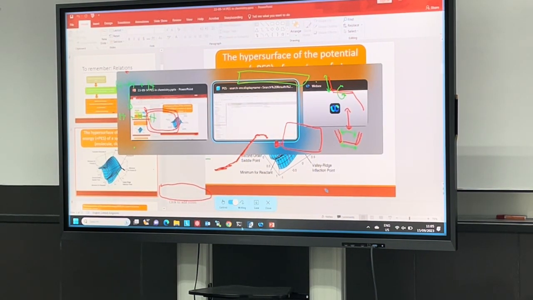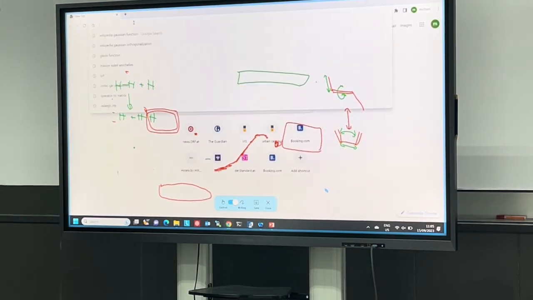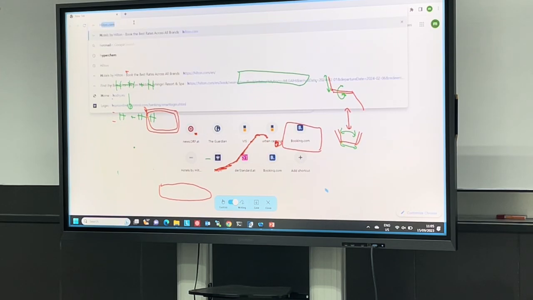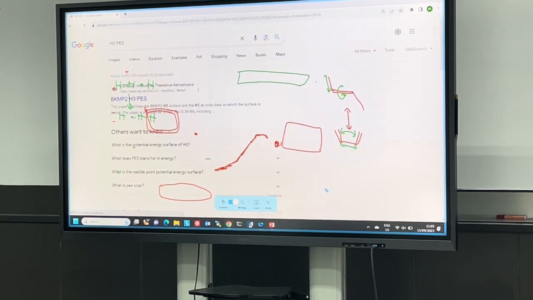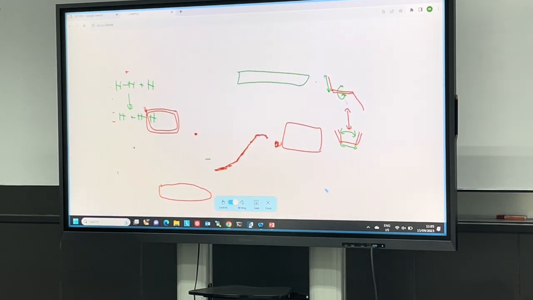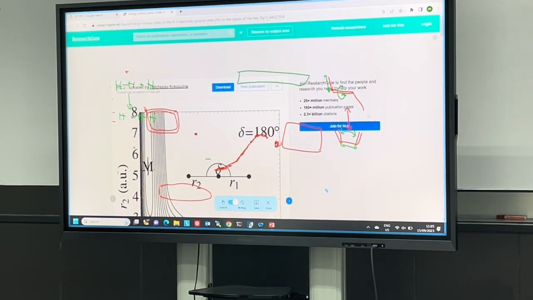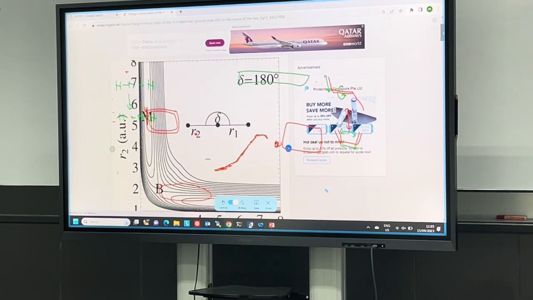Let me try to find it quickly. So if you just look for H3 potential energy surface in Google and images, okay, then you see countless examples of the hydrogen reaction.